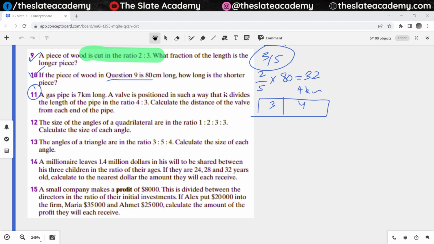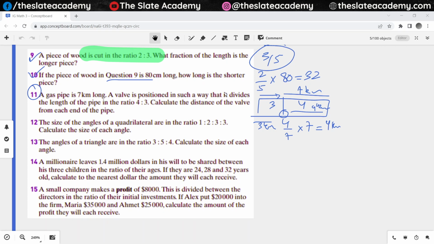So one part you said right, if here is the valve, it would be 4 out of 7 into 7, which is 4 km from one end. And obviously, if it is 4 km from this end, from the other end, it would be 3 km. From this end, it is 3 km. From this end over here, it is 4 km. Understood?